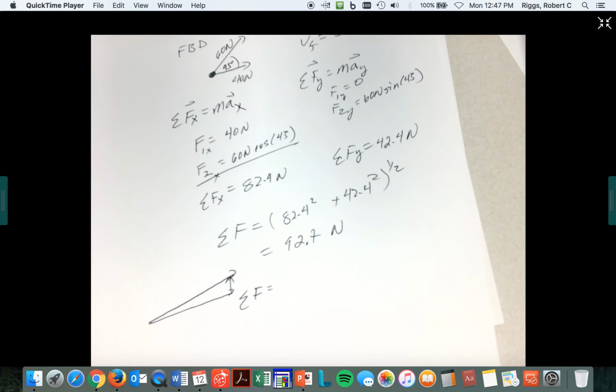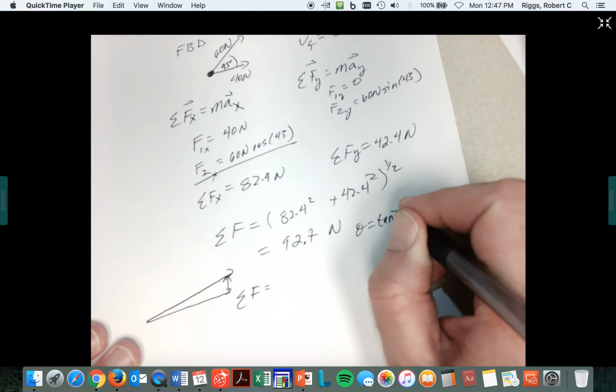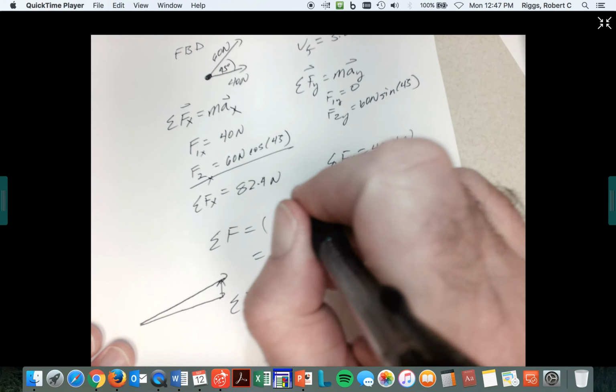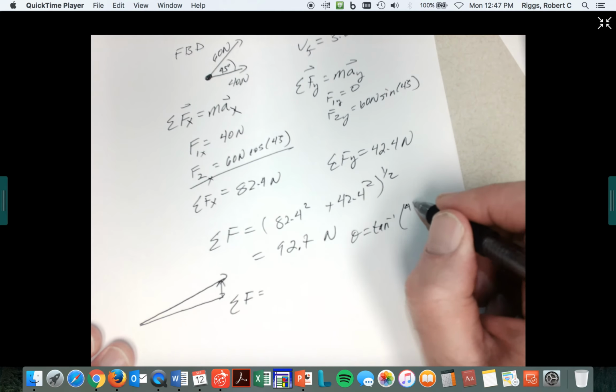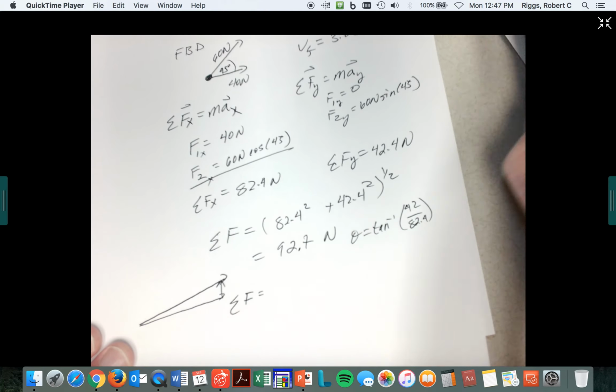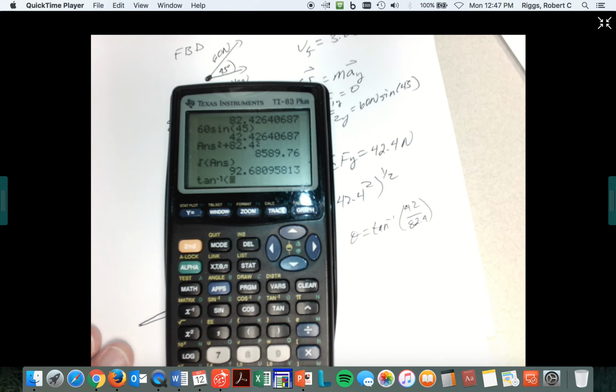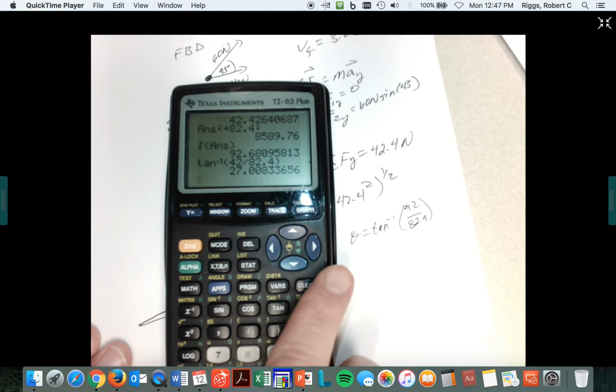The direction of this thing is the inverse tangent of 42 over 82.4. So the inverse tangent of 42 divided by 82.4 is equal to 27 degrees.